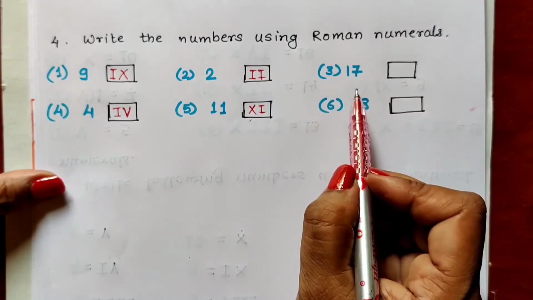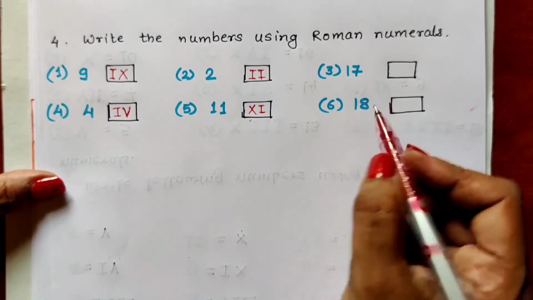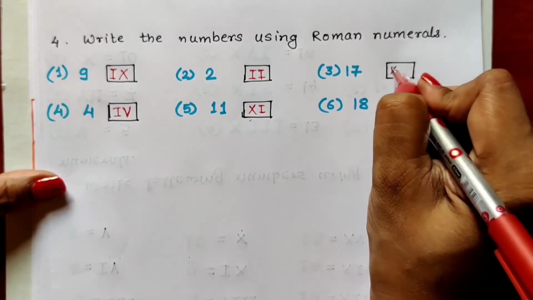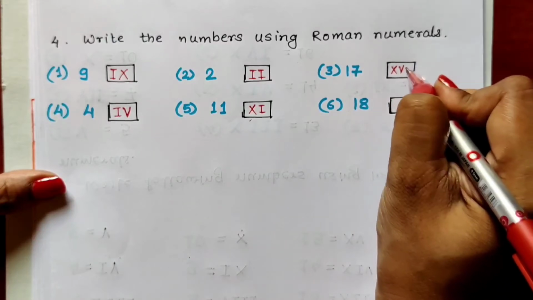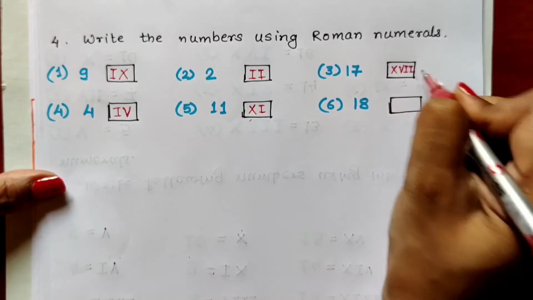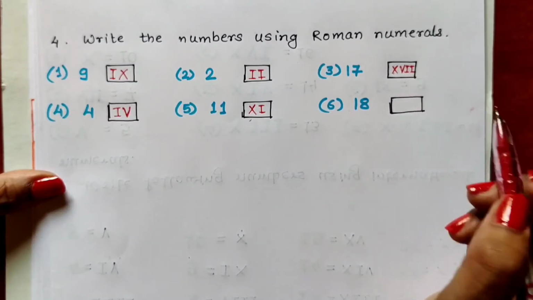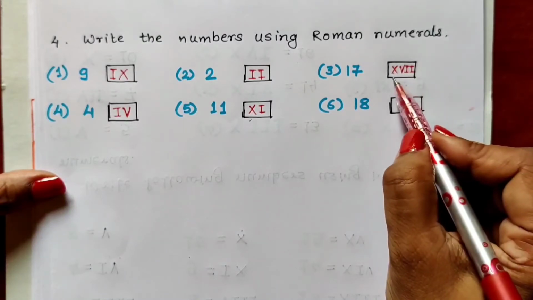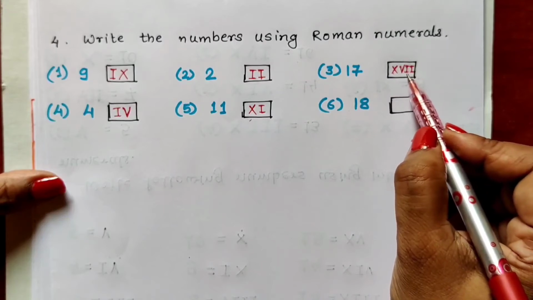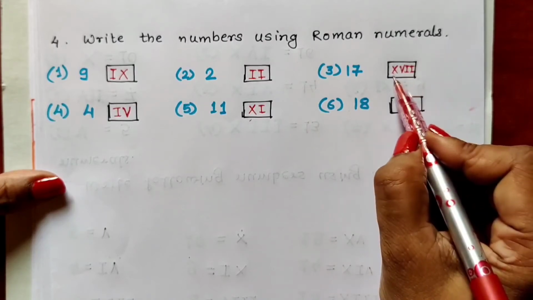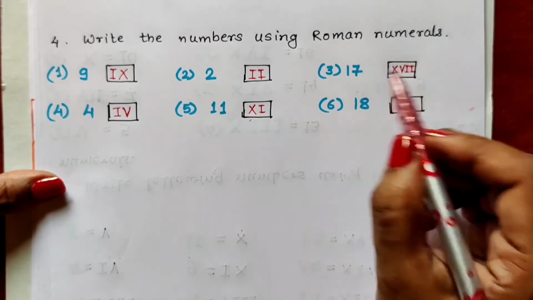How to write 17? 17 means 10 plus 7. XVII is 17. 10 plus 7 is 17. 10 is X and 7 means VII. So 10 plus 7 is 17.